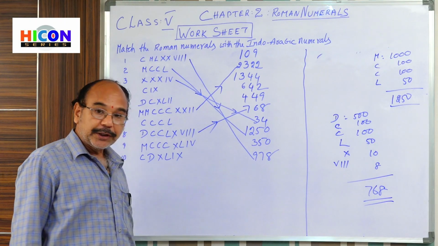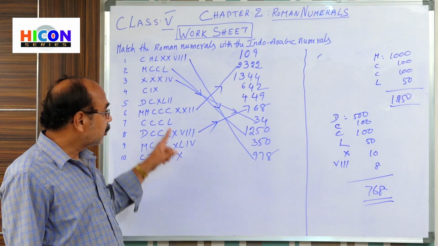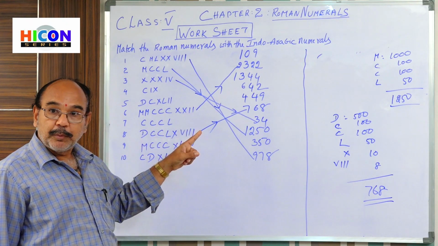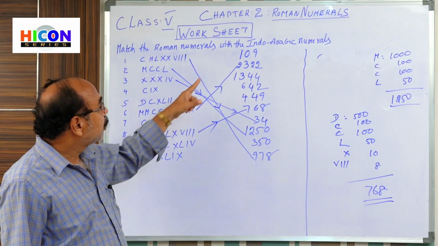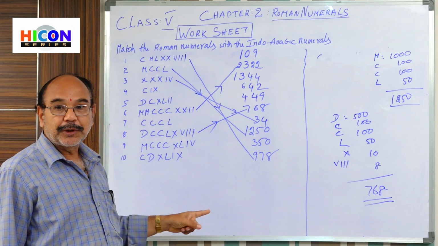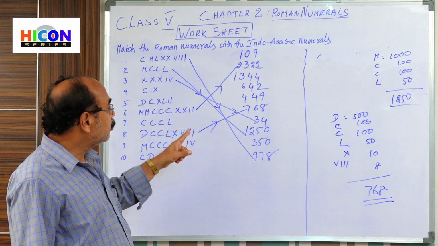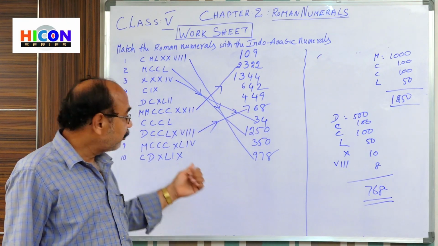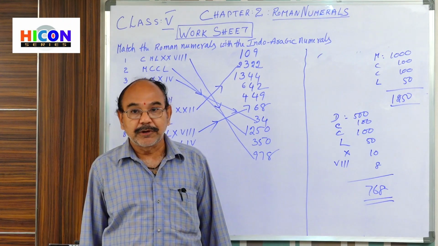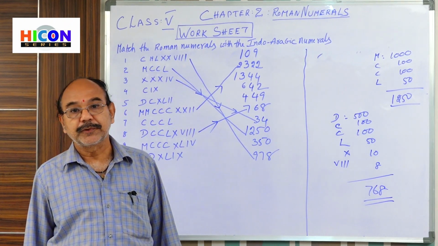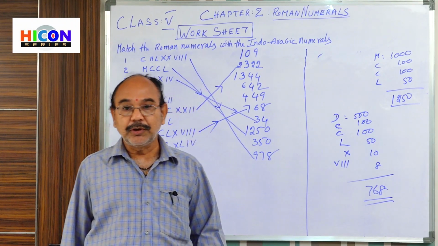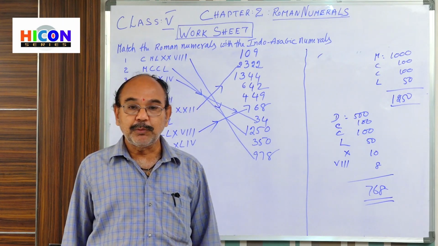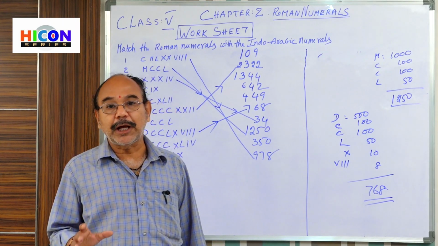Okay, children. I think you got an idea about all these. Just as a model, I showed how to match the Indo-Arabic numerals to the given Roman numerals. So like this, you make a plan and connect the related numbers to the given Roman numerals. We have discussed all these models in this chapter on Roman numerals, and I explained each and every model to you.